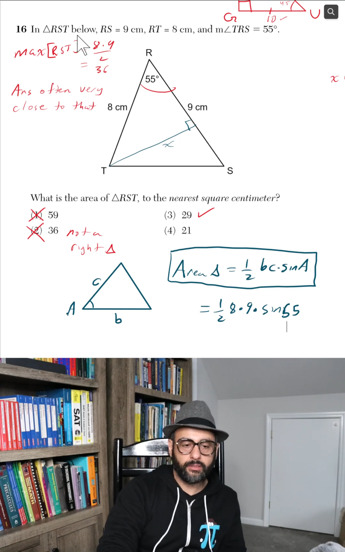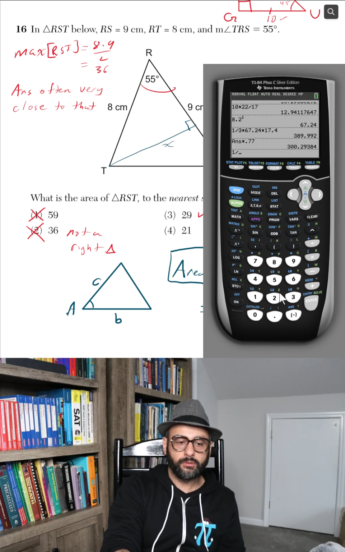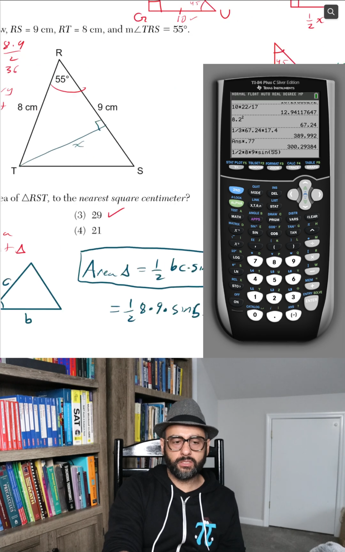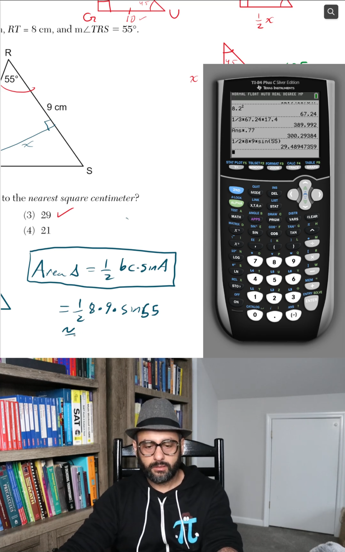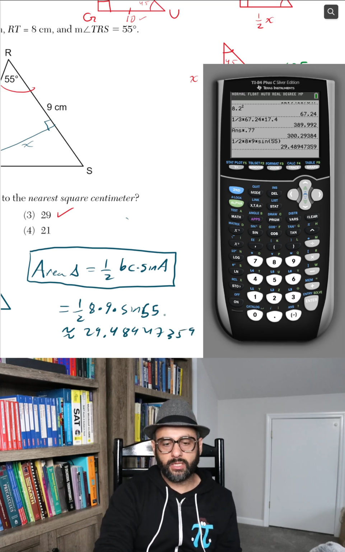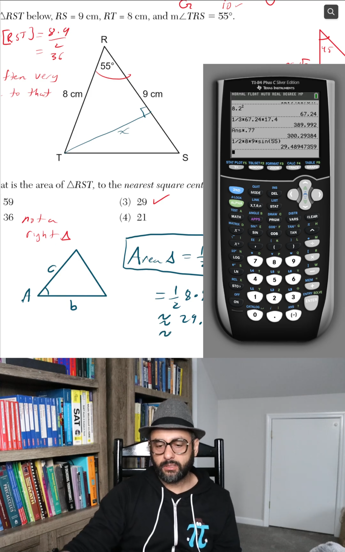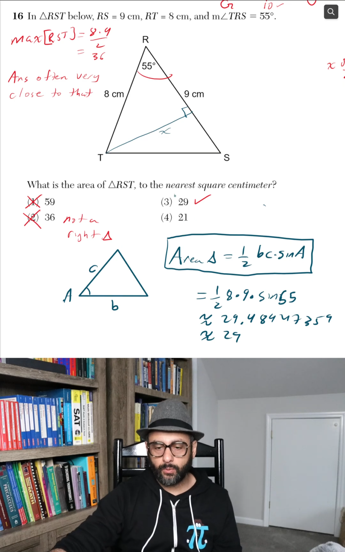And so I go to my calculator: 1/2 times the 8 times the 9 times the sine of the 55-degree angle, enter, approximately 29.48947359, which is, again to the nearest square centimeter, approximately 29, which is exactly what I had said.